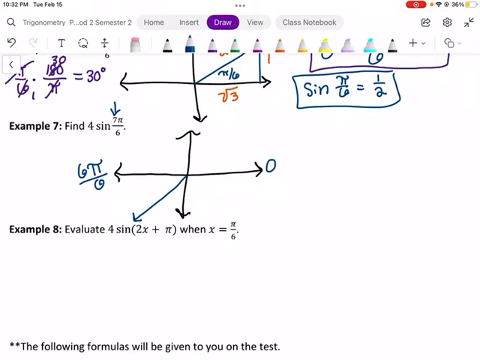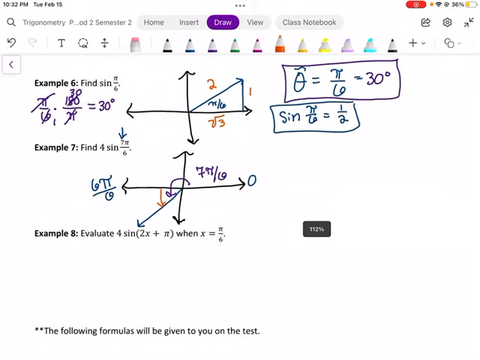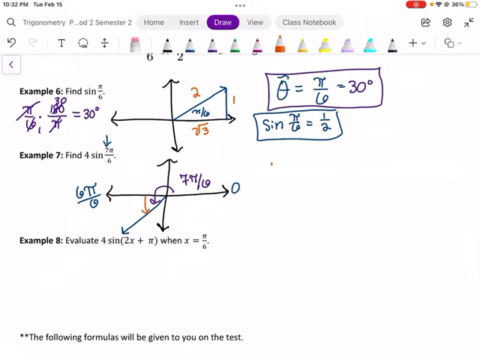So we'll go down here for our angle, and we know that is a total of 7 pi over 6. If we're looking for just our reference angle, though, we're looking for how far we went past that 180 degree line, or our x-axis. And in this case, it was just pi over 6. So our reference angle, again, is going to be pi over 6, which we already found out was 30 degrees.